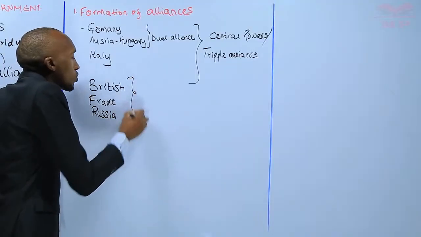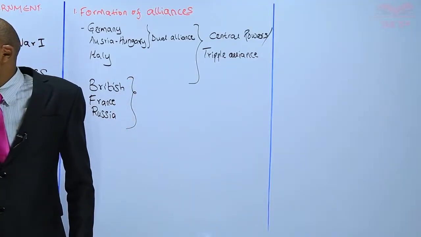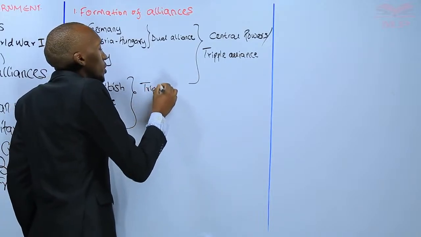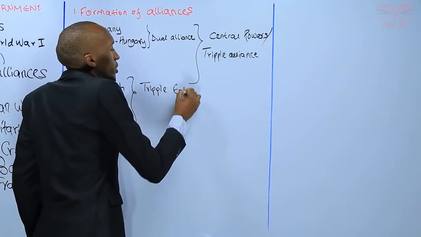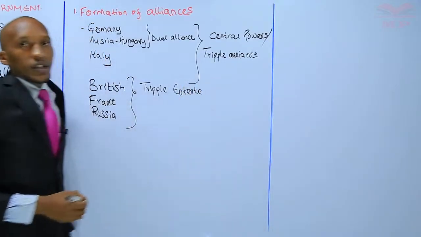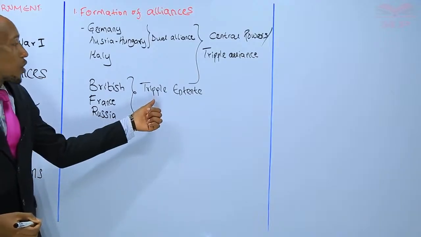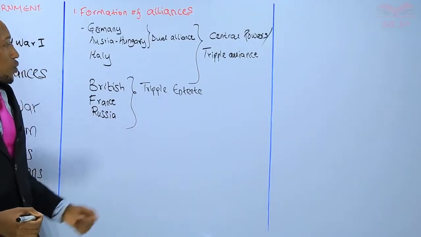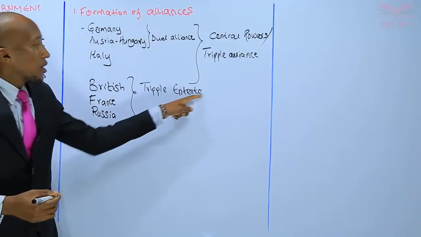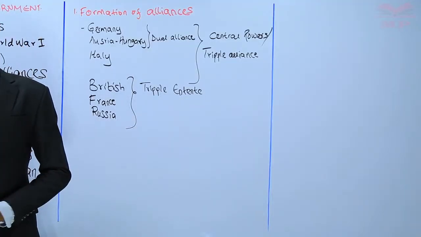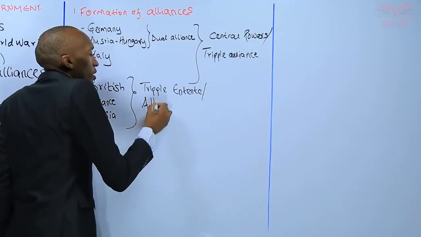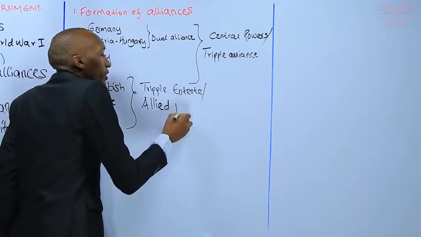So these three also formed an alliance, which was referred to as the Triple Entente, or you can call it Entente. This is a French word, which is also referred to as the Allied powers.